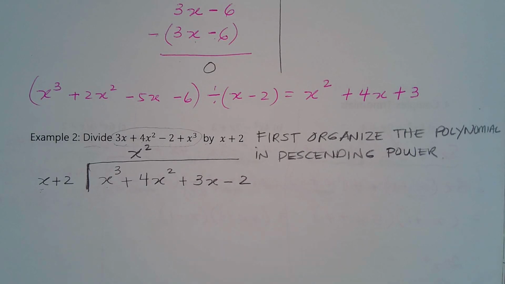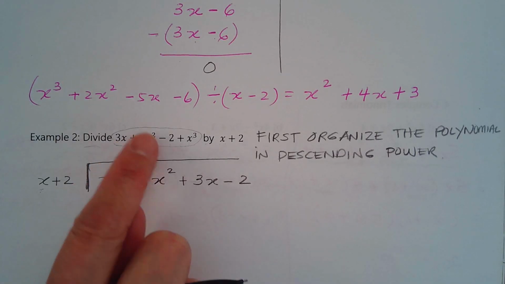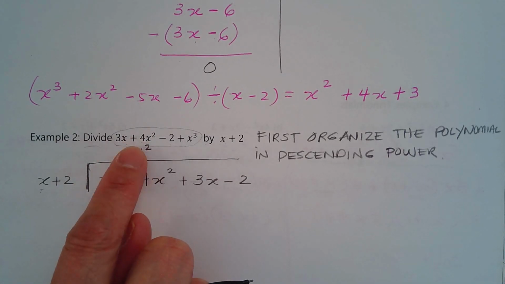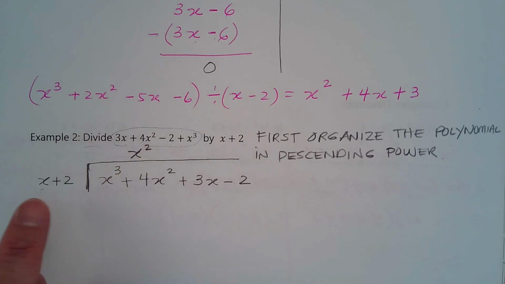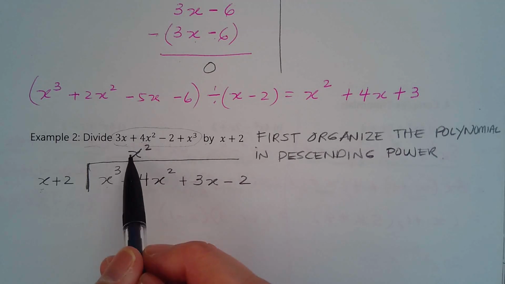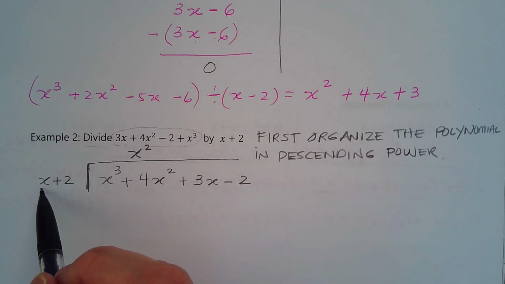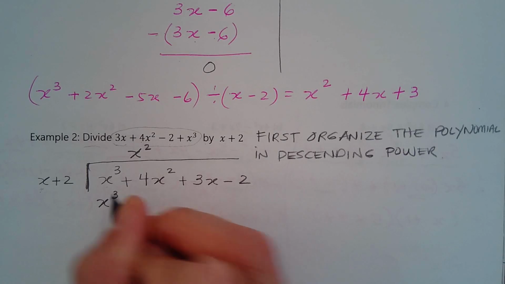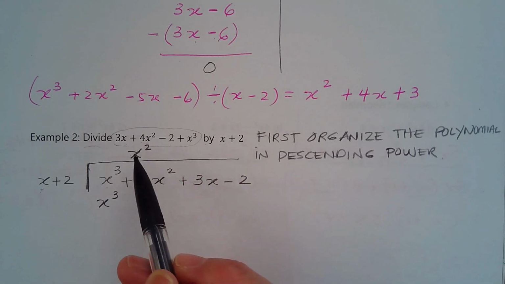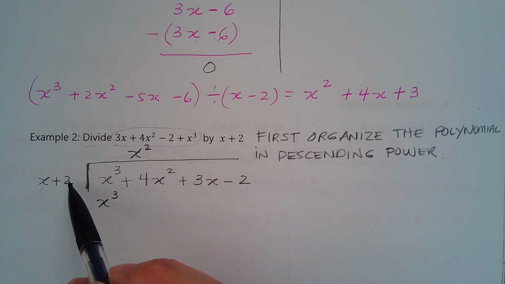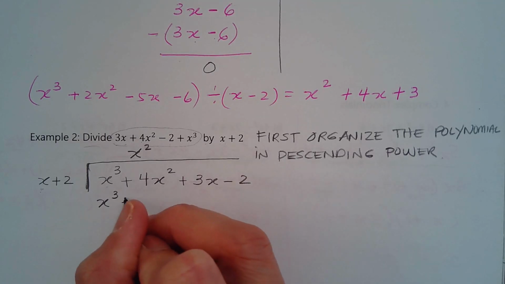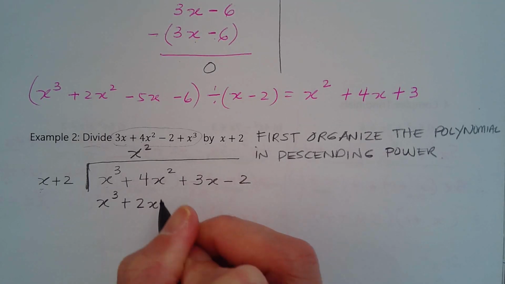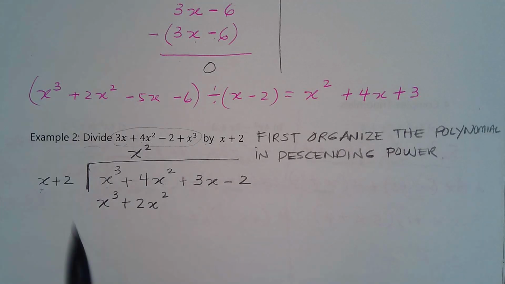And what do we do next? You're going to take this x squared and multiply it with x plus 2. Okay, so x squared times x is going to be x cubed. Write it down. x squared times 2 is 2x squared. What do we do next?